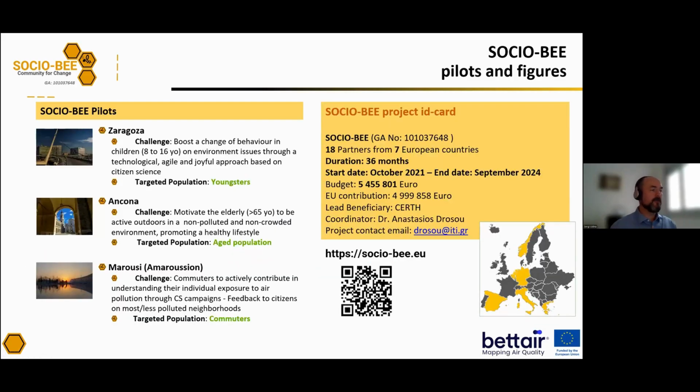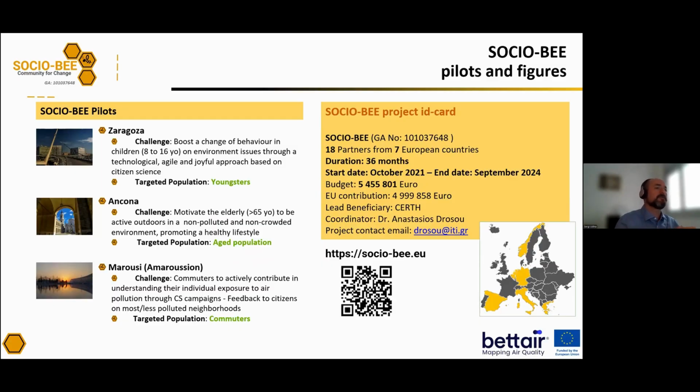The pilots took place in 3 European cities, in Zaragoza, in Ancona, in Italy, and in Marousi, a suburb of Athens. And in these 3 places, intensive activities of measurement campaigns were carried out using this infrastructure that I have just mentioned, but with different targets, different approaches.